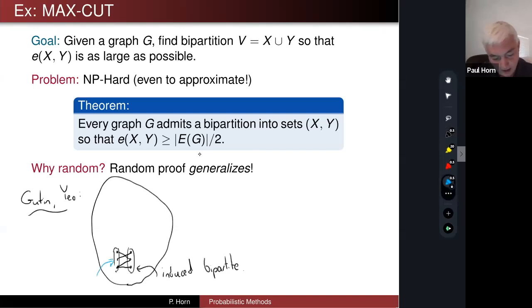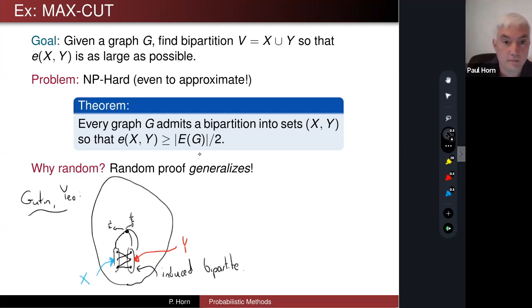And then I can take part of this induced bipartite subgraph and assign it to X. And I'm going to take the other part of it, and assign it to Y. And every other vertex has some edges maybe to X and to Y, and I'm going to assign these randomly.